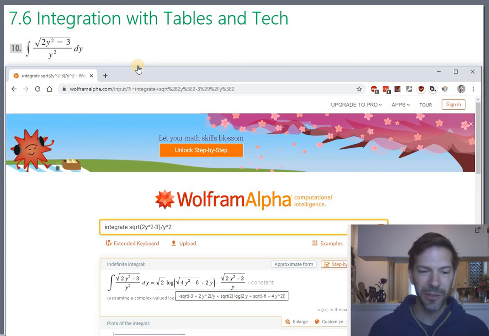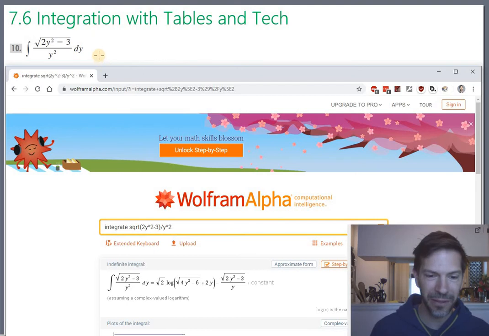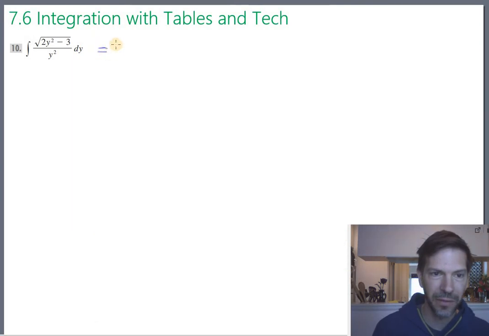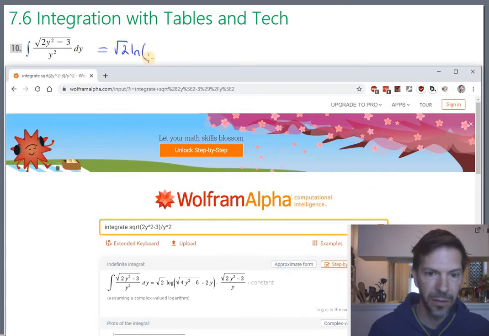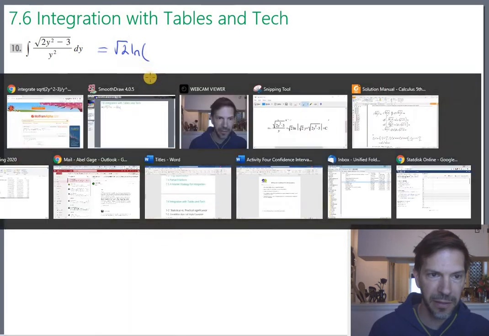So it's fine if you want to write this down as log, but keep in mind this is log base e, not base 10. So let's do square root of 2 natural log of square root of 4y squared minus 6.